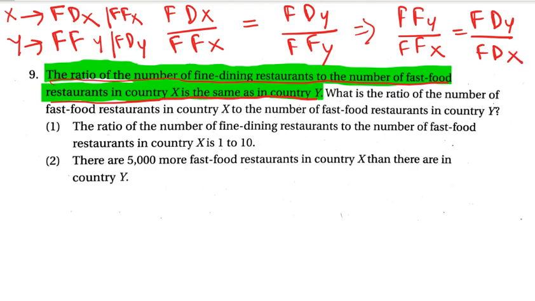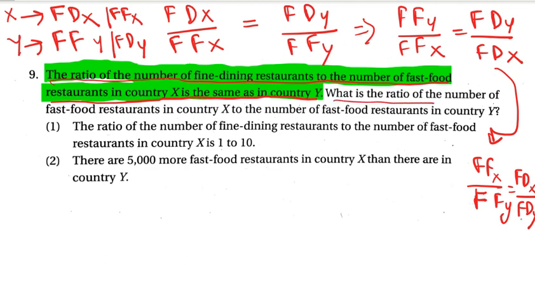We can write that, or we can also invert this, we can also make it like that, FF of X by FF of Y is equal to FD of X by FD of Y. So we are getting this part as well. Now what we need to understand is, from the first condition, they are telling you to find the ratio of the number of fast food restaurants in the country X to the number of fast food restaurants in the country Y.